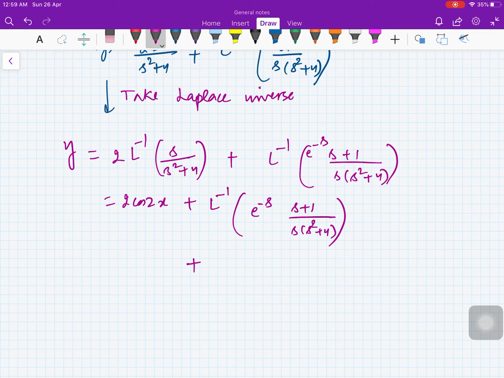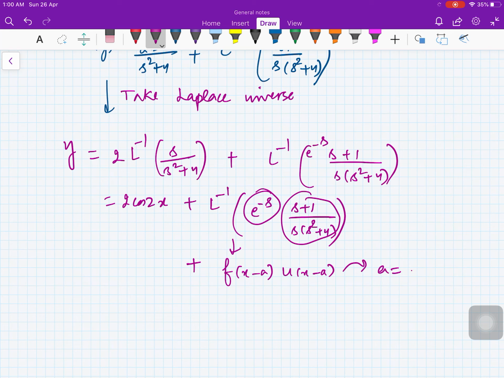Now here you will use the second shifting theorem. It says that for e raised to minus s into a function, the Laplace inverse will be f(x minus a) into u(x minus a), where a is your 1. You are using the second shifting theorem here.